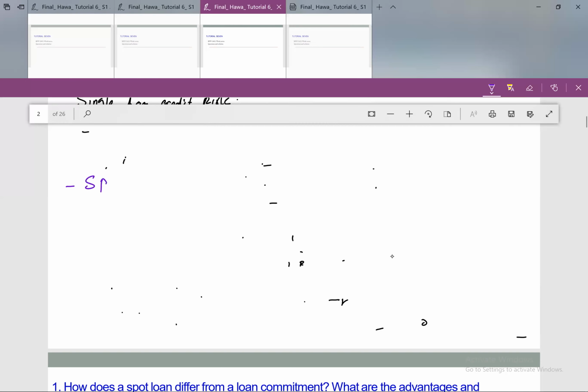What do we mean by spot loans versus committed loans or loan commitment? This is one issue. The second issue, we want to understand what we mean by secured. Remember, all of those terms are related to risk, because we are talking now about security, secured versus unsecured loans.